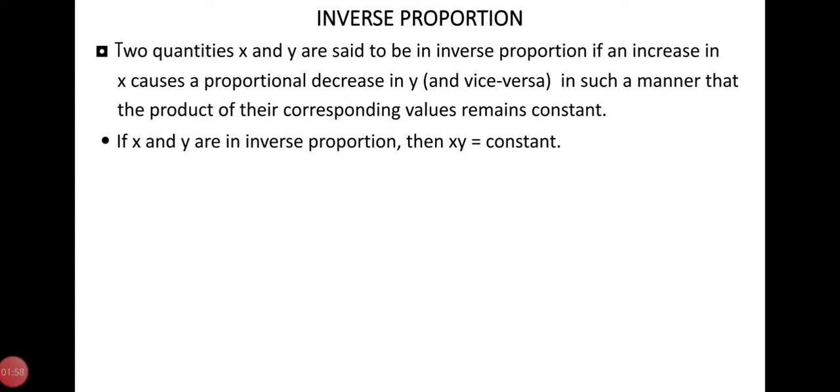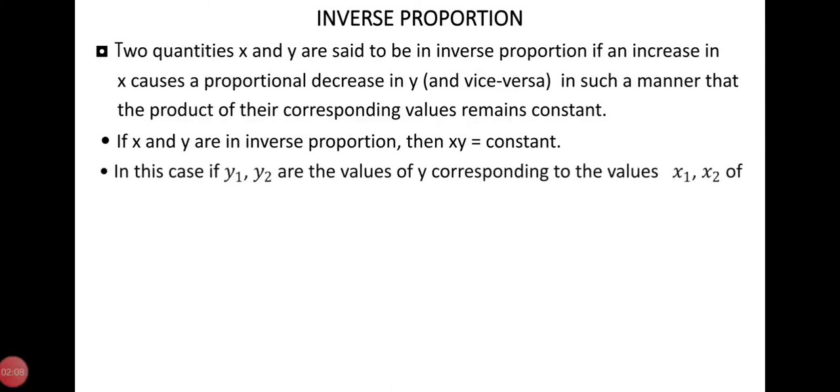Then in direct proportion we have learned that the ratio remains constant. That is, we have taken x upon y equal to constant. Here the product remains constant. In this case, if y1, y2 are the values of y corresponding to the values x1, x2 of x respectively, then x1 into y1 equals x2 into y2, or you can say x1 upon x2 equals y2 upon y1.